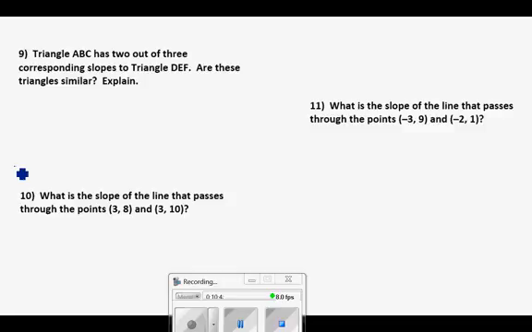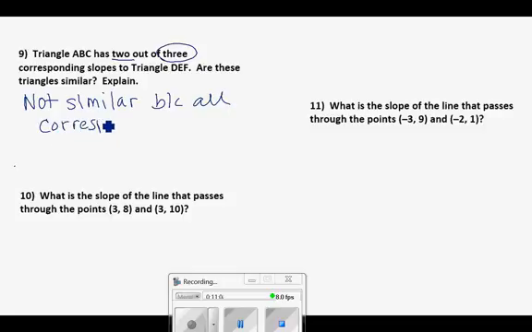So all of them have to be congruent, and because we only have 2 out of the 3, they would not be similar, because all corresponding slopes must be congruent.